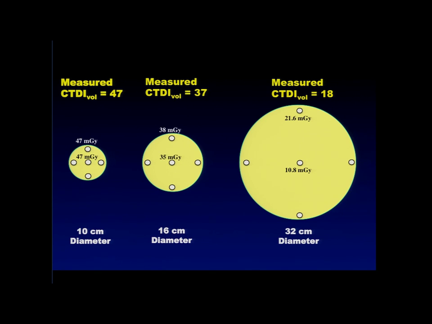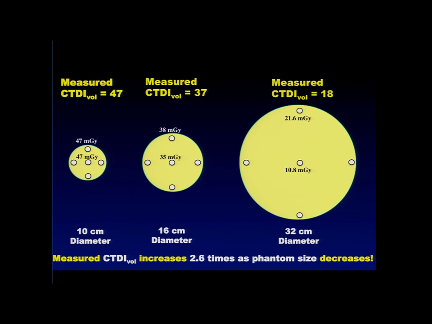We used exactly the same technique for each of the 3 cases. Notice that there's a 2.6 times difference between the measured CTDI vol for the 32 centimeter phantom compared to the 10 centimeter phantom, when the radiation output of the X-ray machine was identical.